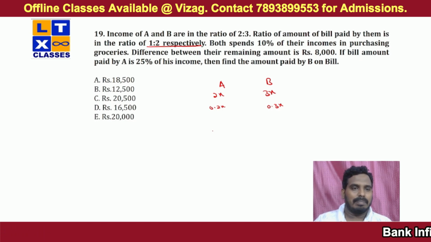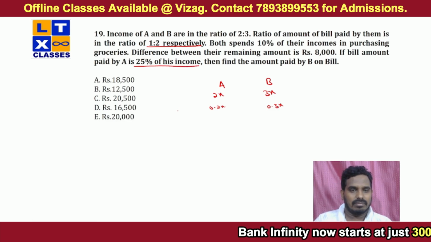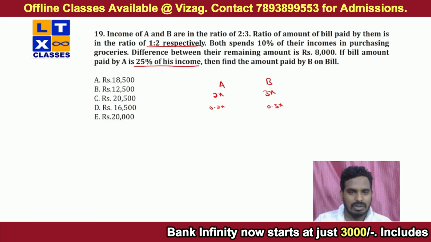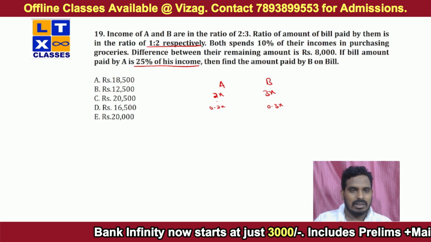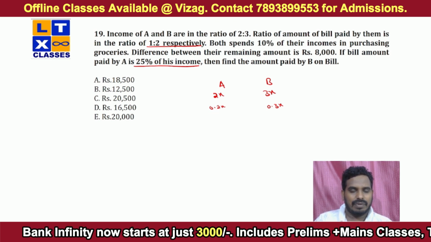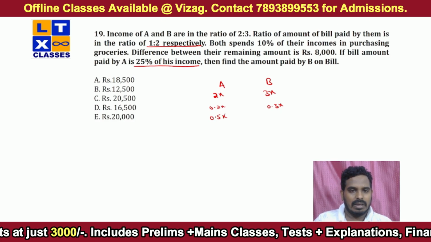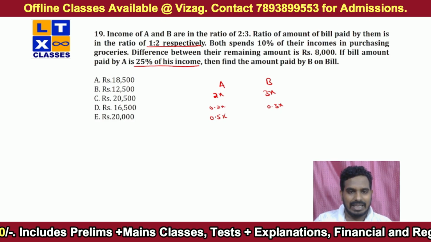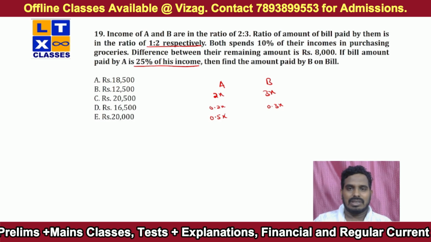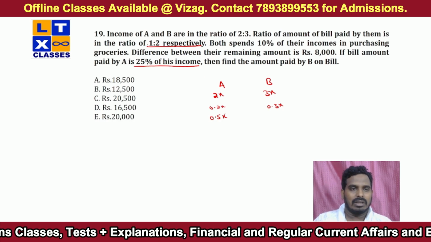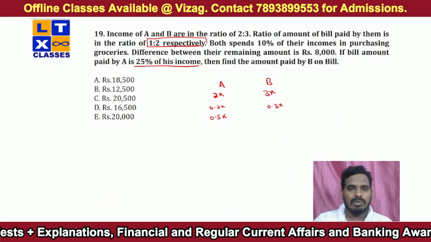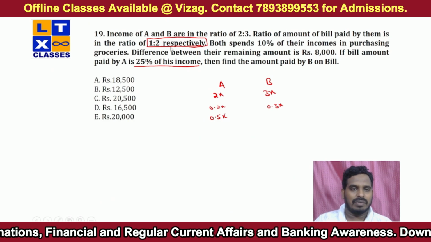If the bill amount paid by A is 25% of its income, which is 0.5x, right? So now the bill amount paid by A is 0.5x, and it was clearly mentioned in the question that the ratio of bill amounts paid by A and B is 1 is to 2.